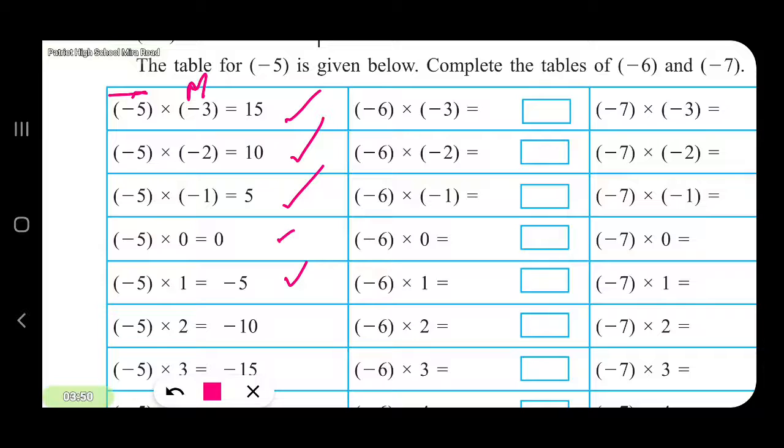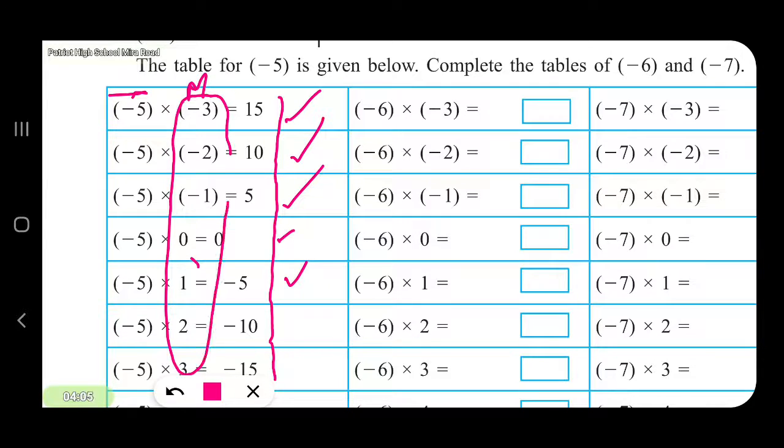Again same way, from 15 it has gone to 10, to 5, to 0, to minus 5, to minus 10, to minus 15. The multiplier is increasing and the product is decreasing.